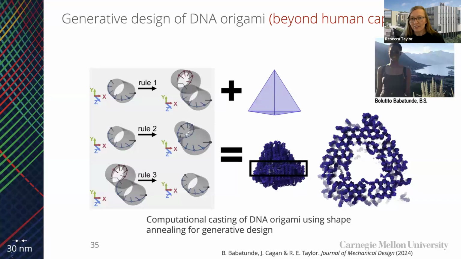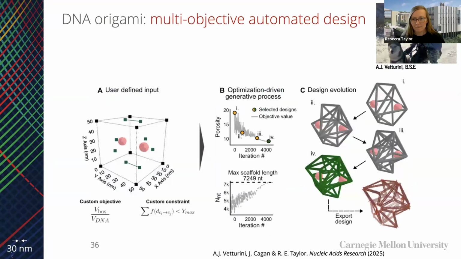Our goal is to get to the point where we say we want certain properties of nanoparticles, and then the software will generate hundreds to thousands that we can then pick from and computationally compare. Another useful and parallel direction that AJ Vetterini in our group advanced is basically to do the wireframe version of this.